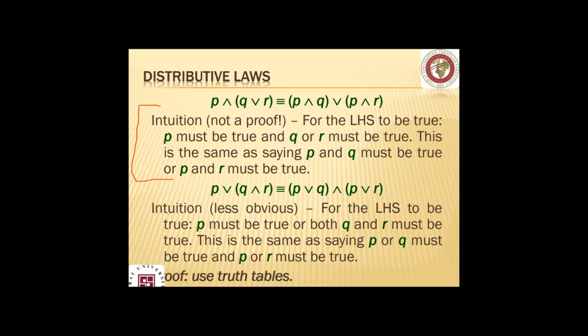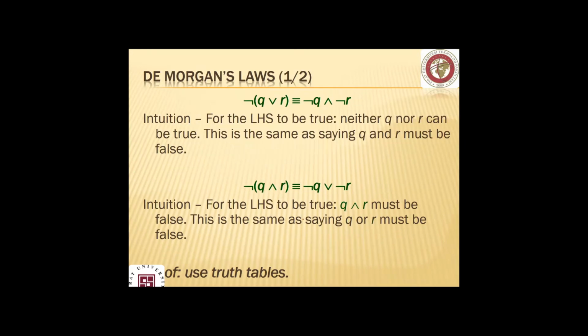This is just intuition, it's not a proof. It's just an intuitive representation of the proof. The same goes for the distribution of or over and, P or Q and P or R. The same thing applies. You can check the truth table or you can check your textbook for the proof. I'm not going to ask it, but for your own knowledge you can go through them.